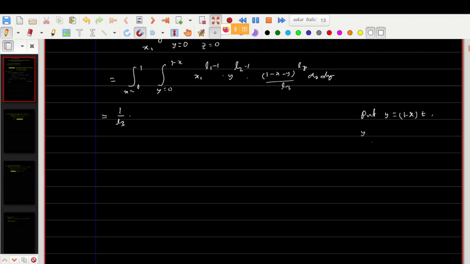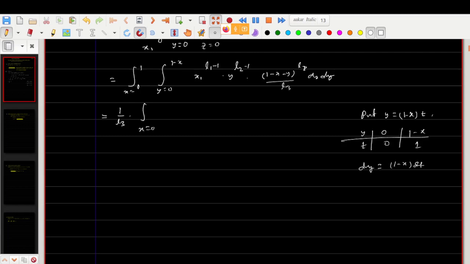So t lies between 0 and 1, and dy is 1 minus x times dt.